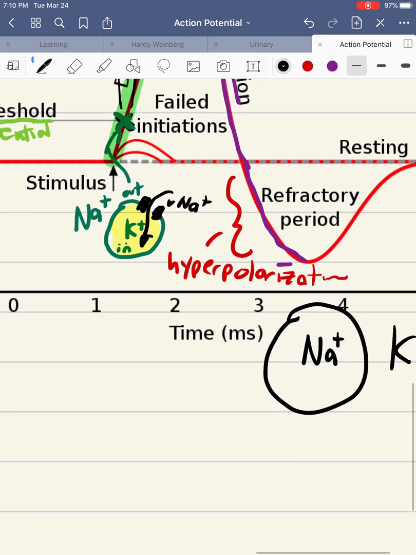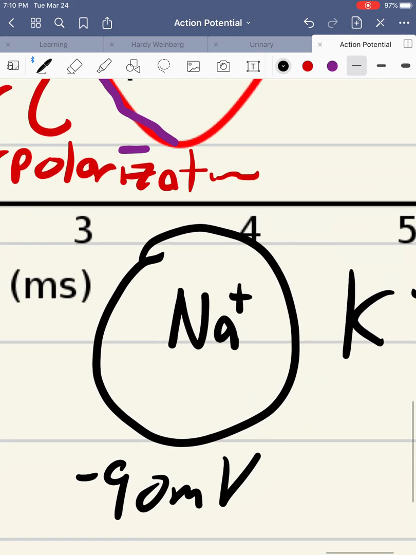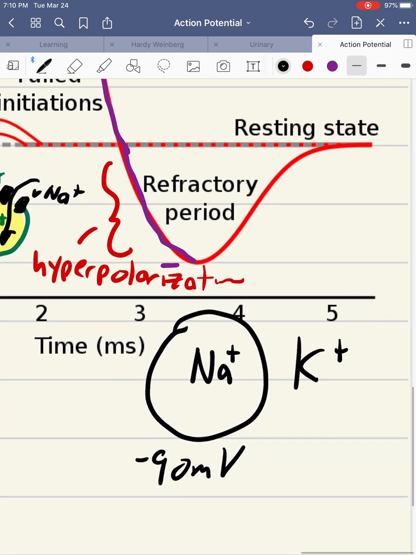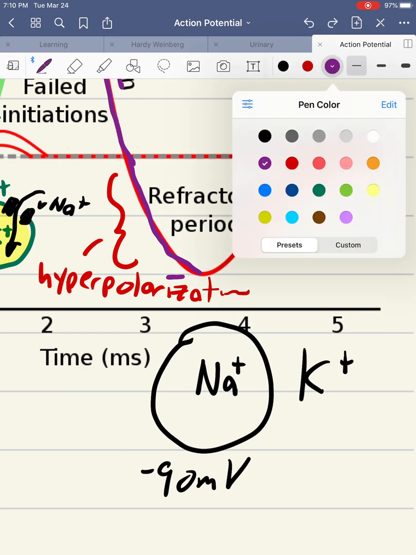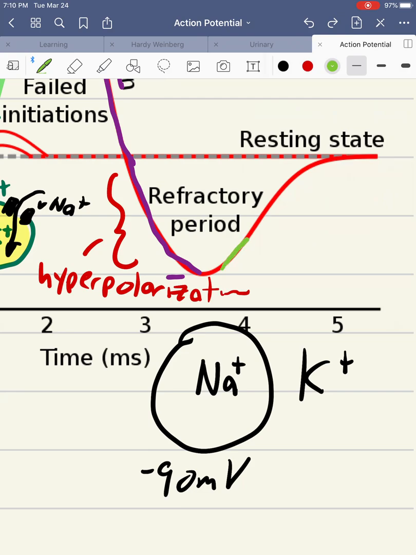It's at negative 90 millivolts. So that's an issue. And B, the ions are switched, right? So how do we actually fix this? How do we actually get the cell back up to resting membrane potential? Let me give you a different color. How do we get back up to this region?